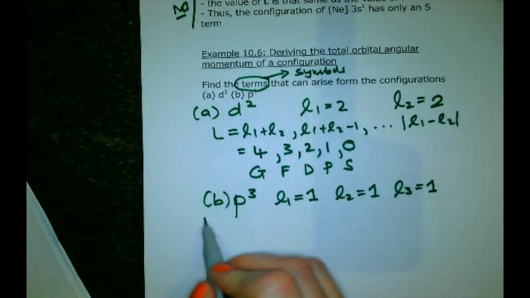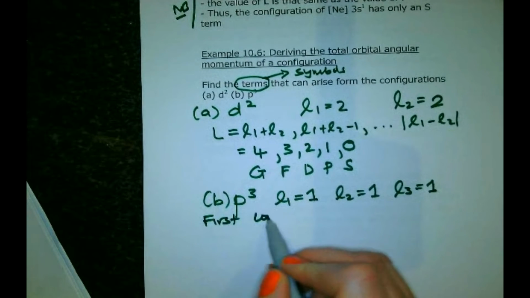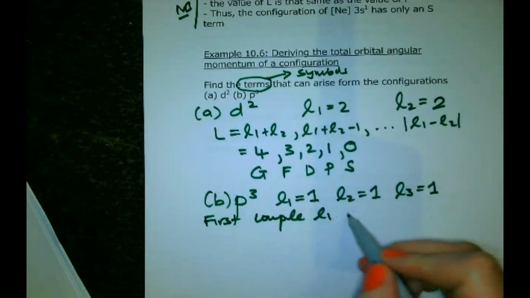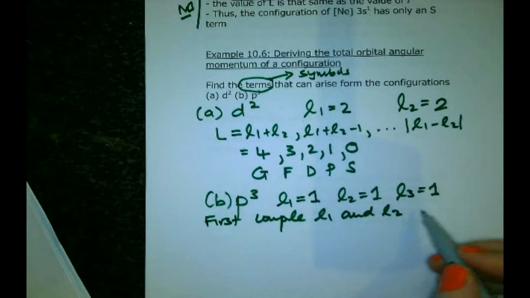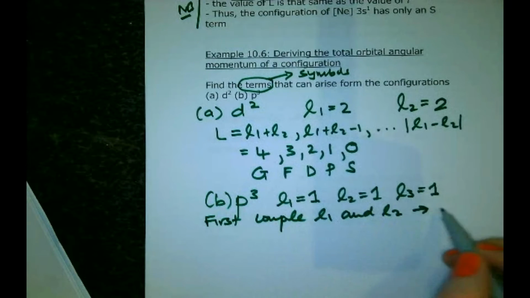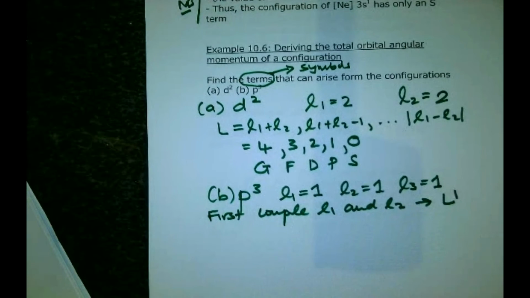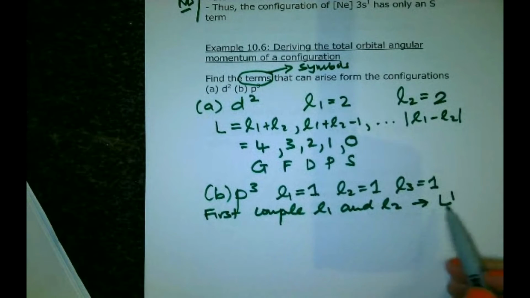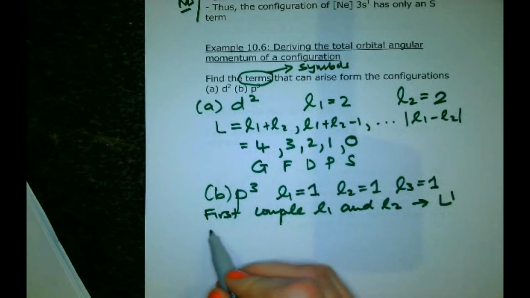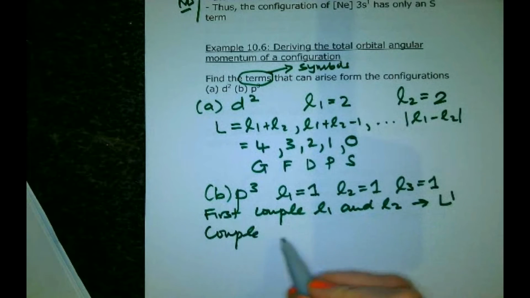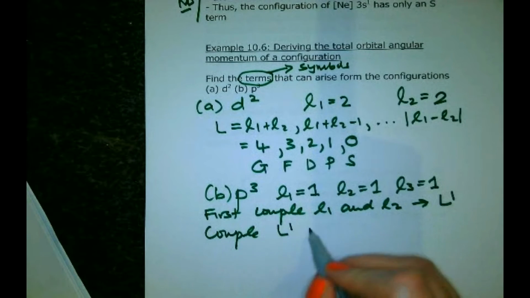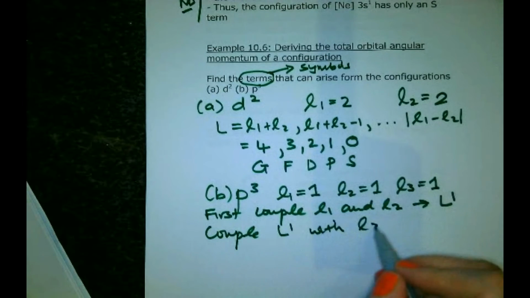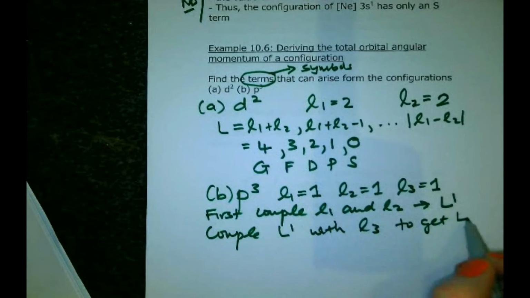So our trick is that we first couple L1 and L2, and then we call that result uppercase L prime. And then we couple uppercase L prime with L3 to get L.